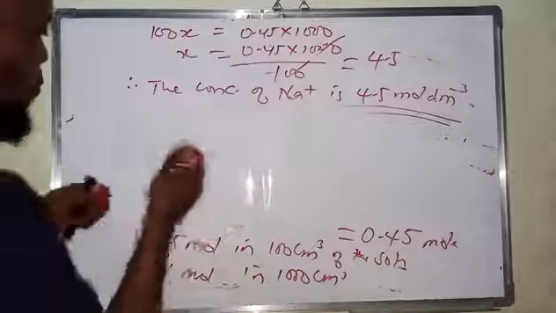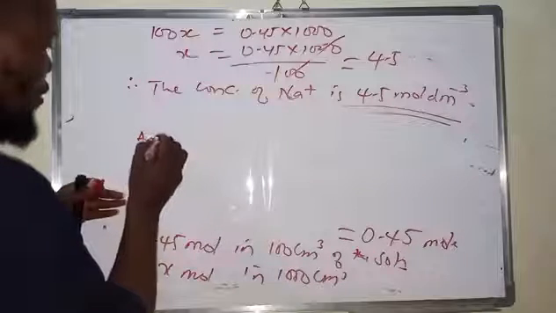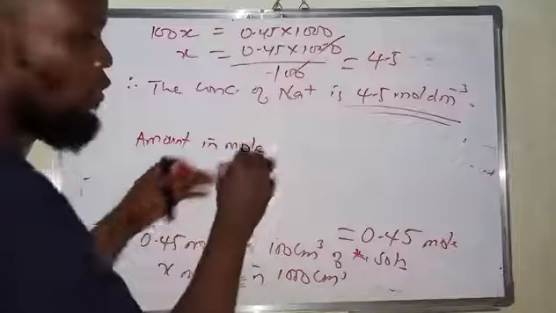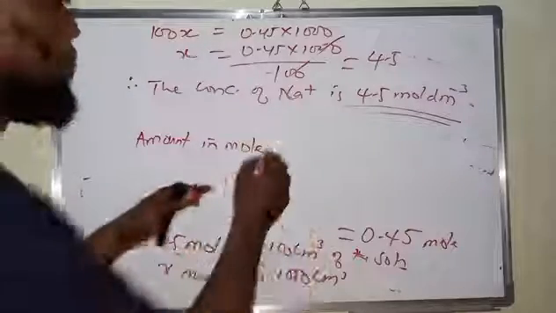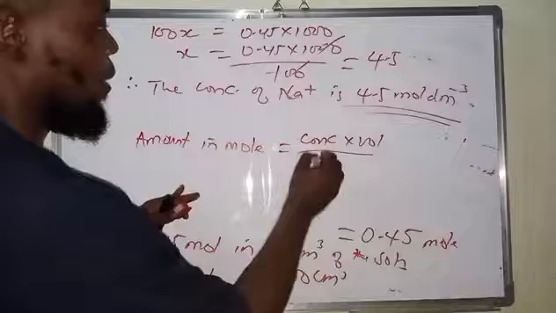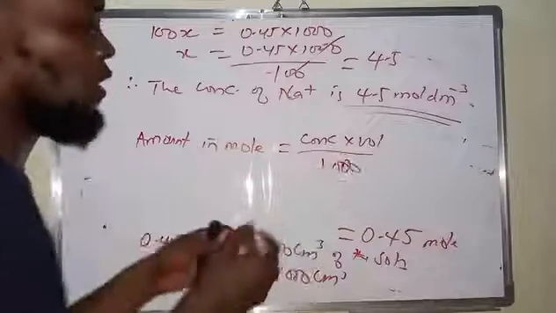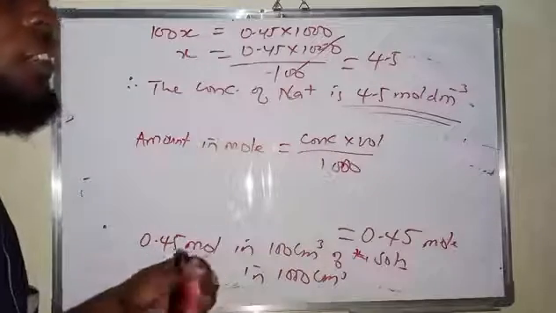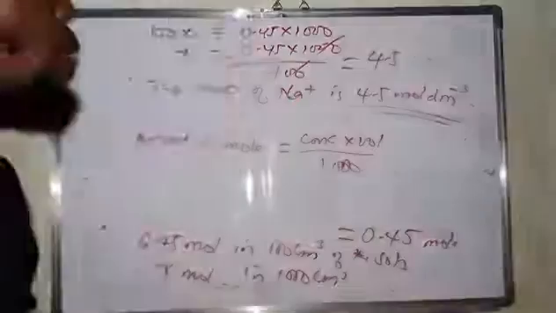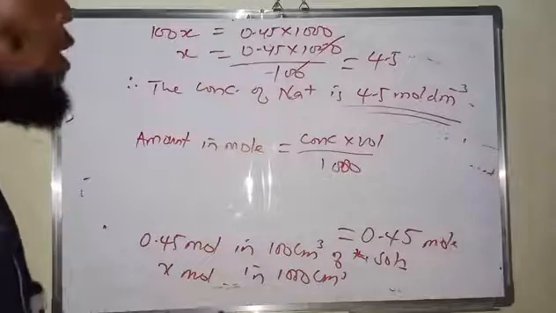That is, if you want to calculate the amount in mole of a solution given the concentration and volume, then multiply the concentration by volume, then divide by 1000. That is, if the concentration is given in mole per dm cube and the volume is in centimeter cube.